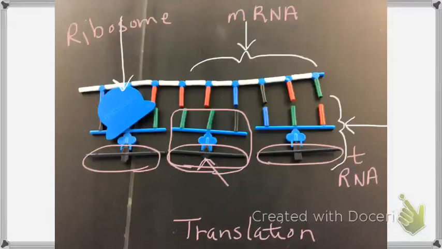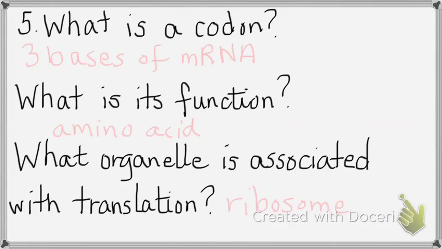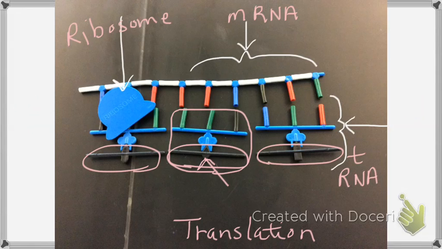And then just to back up for just a second, I have this question. What organelle is associated with translation? I think Tim's the one who told us the answer. He said the ribosome. So if you see the ribosome on the tabletop, you're doing translation. Okay, ribosomes are only involved in translation. So those are all clues. I'm just trying to give you some clues how you would know that was translation.